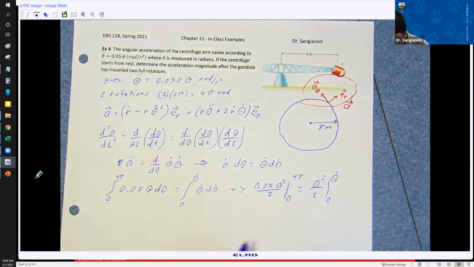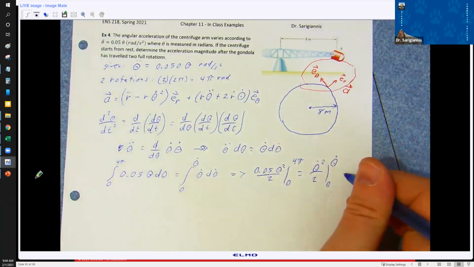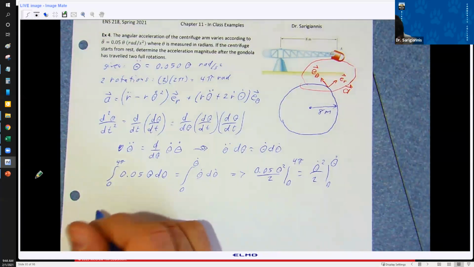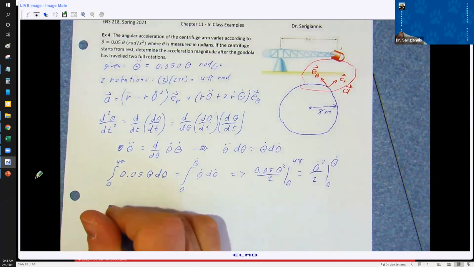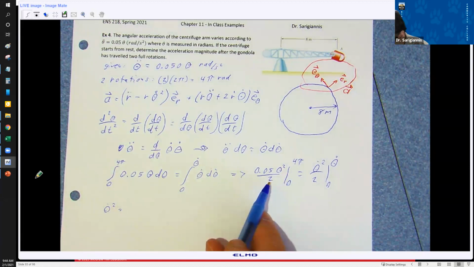Confusing myself with the dots. And if you evaluate this, this is going to be 4 pi squared times 0.05 over 2.